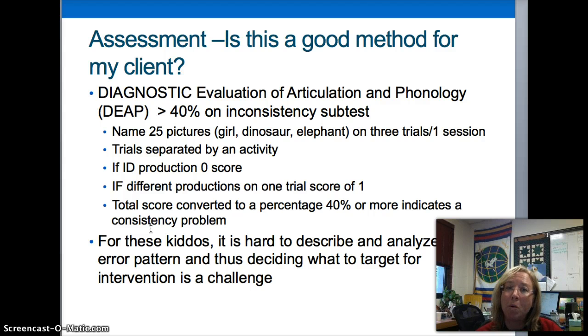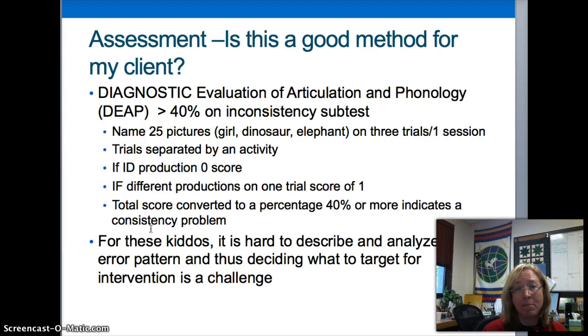So just a quick outline of that diagnostic subtest. In that DEAP, it's 25 naming pictures, pictures like girl, dinosaur, elephant, and there are 3 trials of production, although you separate the trials by an activity. So you would look for the production of the word girl. The child says the word girl in the first repetition, fine. The next repetition, they might say goal.